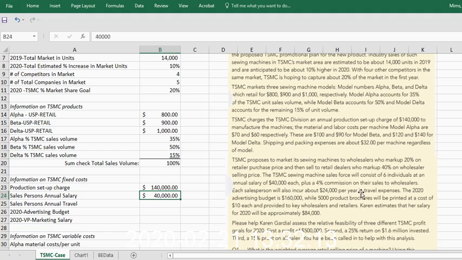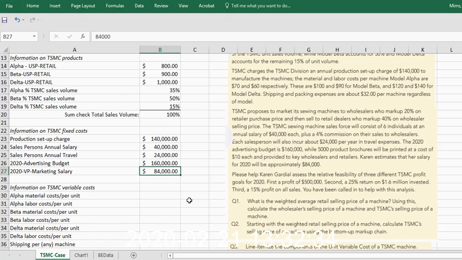There is, over here, $24,000 per salesperson in travel expenses. And the advertising budget is $160,000. And the marketing vice president makes $84,000. Okay? That takes care of the fixed costs that we don't have to add, just our inputs.